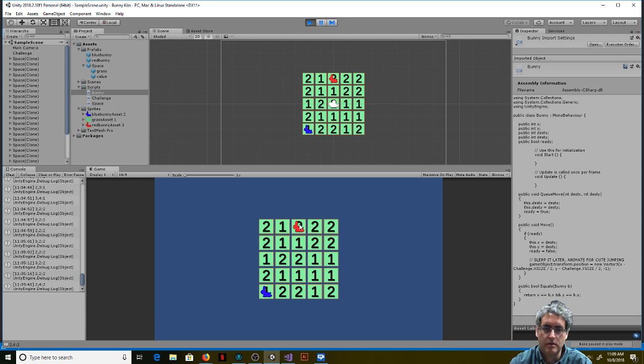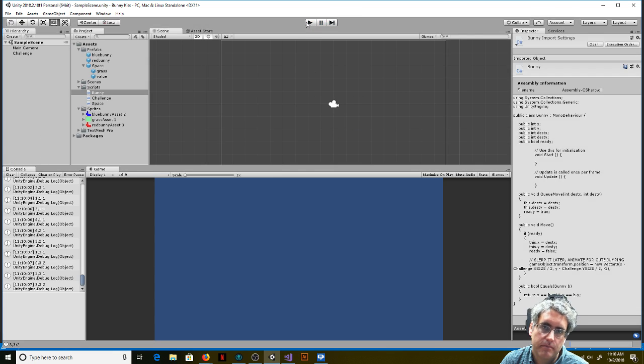Bunnies. Bunnies, okay. Okay, they both moved there. Why can't we go anywhere over there? Why couldn't we go in that direction? That's not good. Well, I mean, the level should be over, but still.